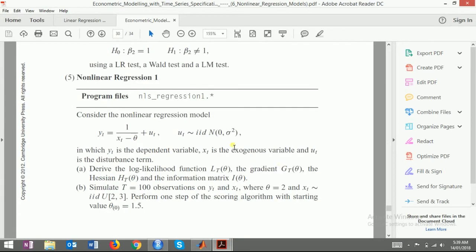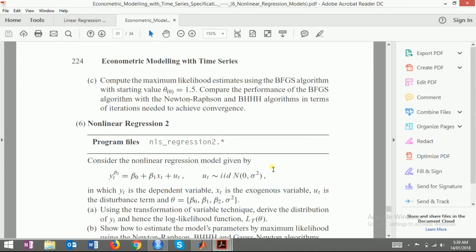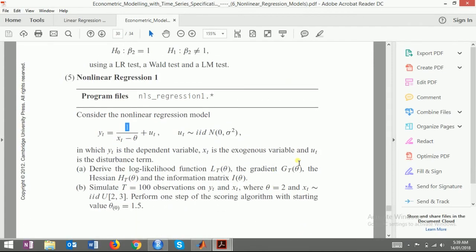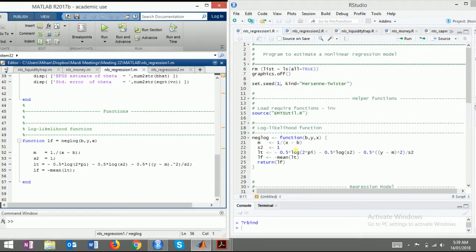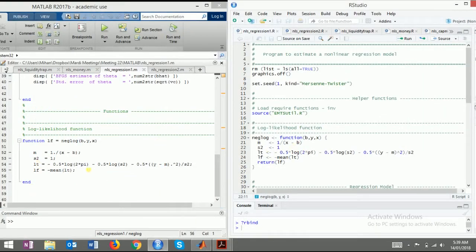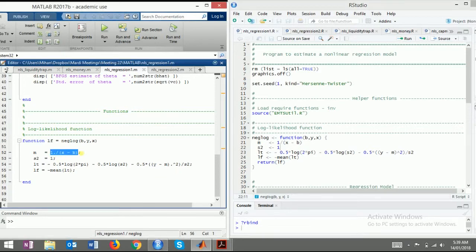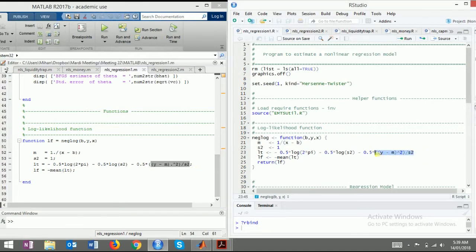Coming from here we are presuming the variance is 1, and the log likelihood function is minus 0.5 log sigma square minus 0.5 (y minus m) squared divided by sigma square, because this whole part represents m. So (y minus m) squared divided by sigma square, the regular equation, and we want this to return LF.